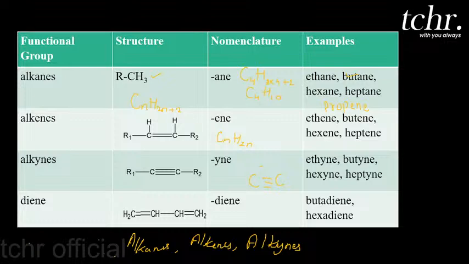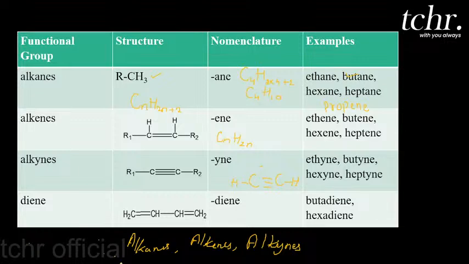Triple bond means one sigma bond and two pi bonds. And CnH2n minus 2 means C2H2. This will be the structure of ethyne. So got it? These alkanes, alkenes and alkynes are the basic hydrocarbons that you have to know.